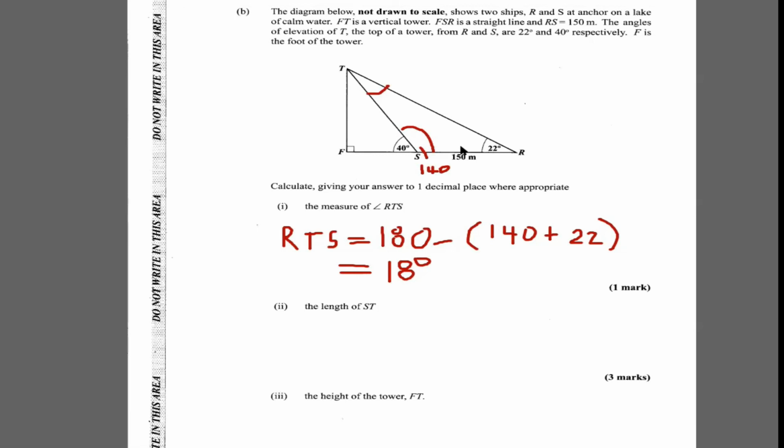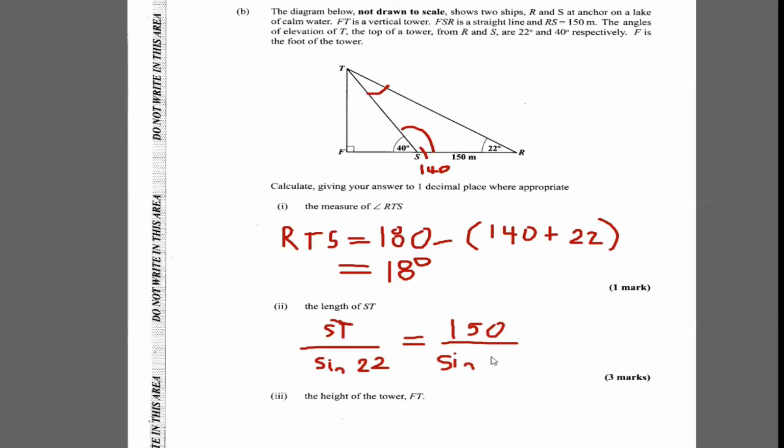Now 150 corresponds to this angle. So what am I saying? I'm saying that ST, this is ST, corresponds to 22 degrees. So using sine rule, ST over sine 22 must be equal to this 150 over sine 18.